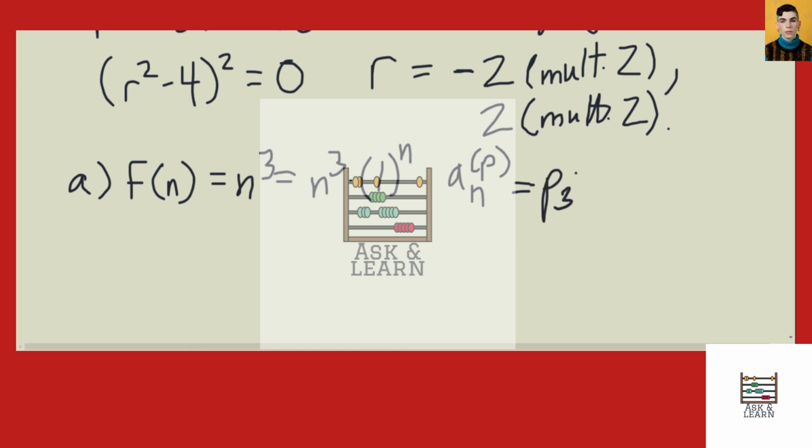So this is going to be (p3 n^3 + p2 n^2 + p1 n + p0) times 1^n, which is just 1.